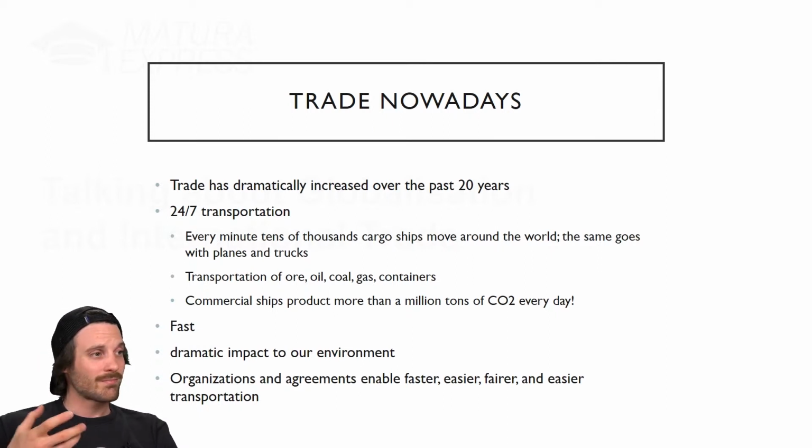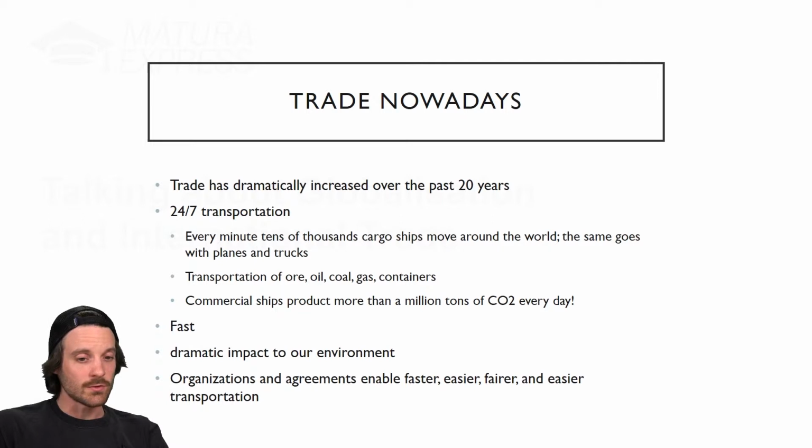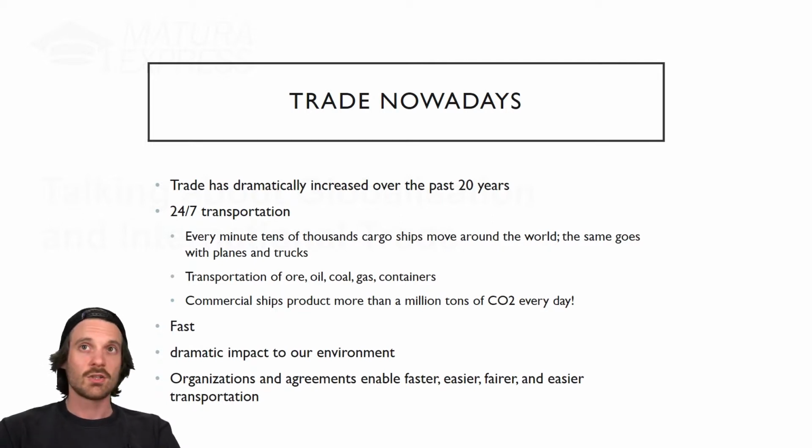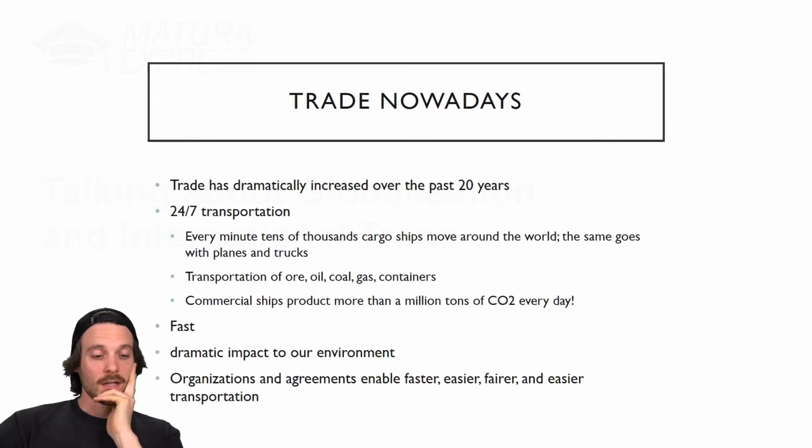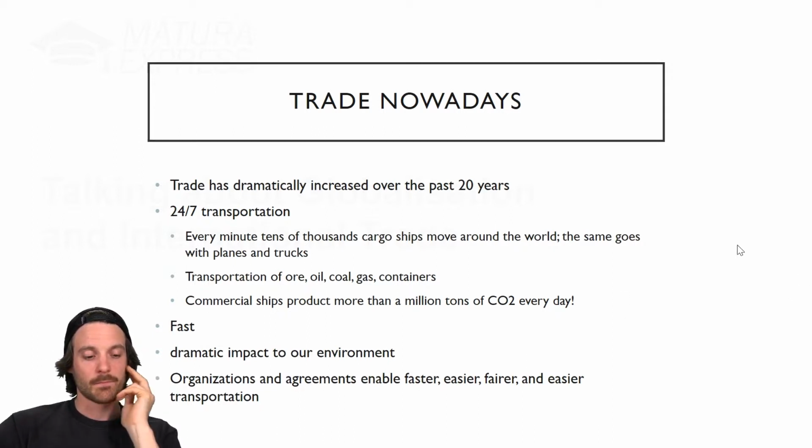Of course, the cargo ships are mainly used to transport huge amounts of containers, which contain different types of products, but also ore or oil, coal or gas, which is important for the industry. And without the industry, I just call it the industry, we wouldn't be able to consume that much, or in this case, consume every day what we want.